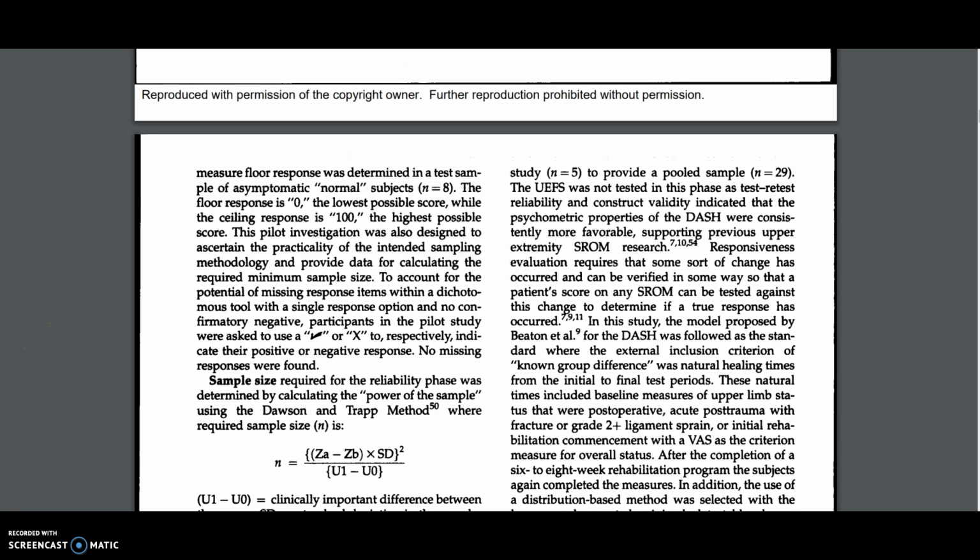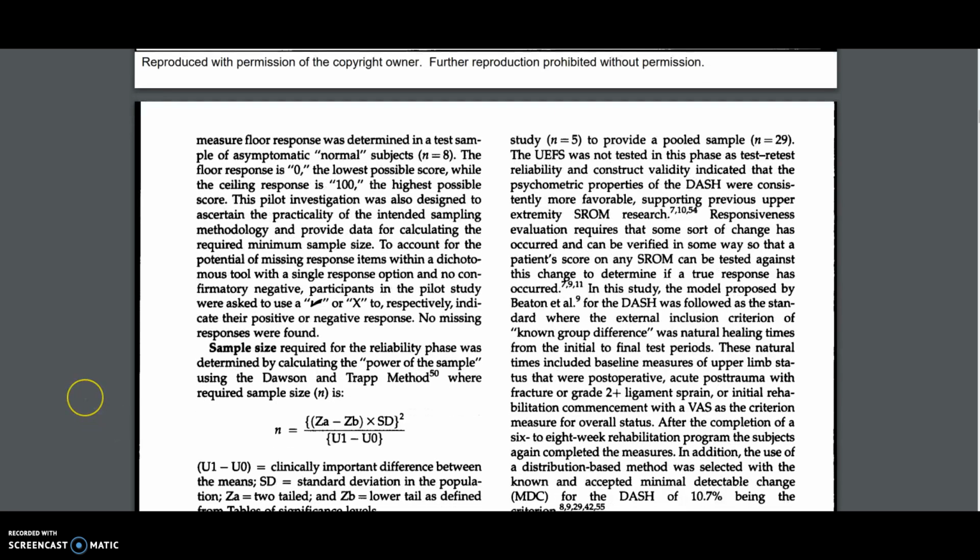Now, within each of these studies, a required sample size is needed to determine reliability. And they provide the equation for you in exactly how they came up with the exact sample size needed for each of these phases.